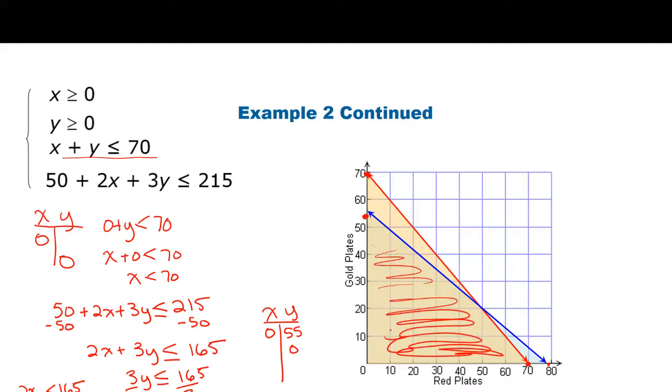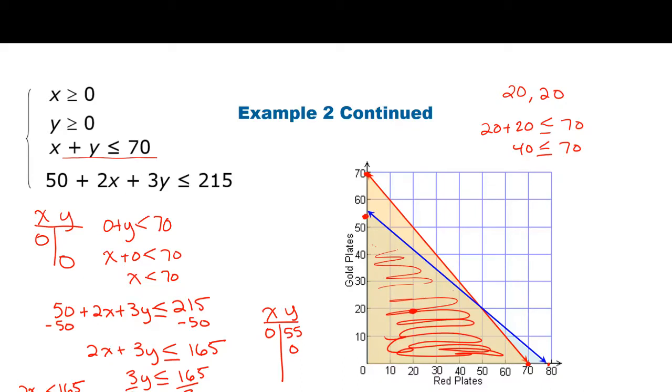We can choose something in this area to prove it out. Let's use the point (20, 20). That's about right here. If x is 20 and y is 20, then 20 plus 20 should be less than or equal to 70. We know that 40 is indeed less than or equal to 70, so that one's true.